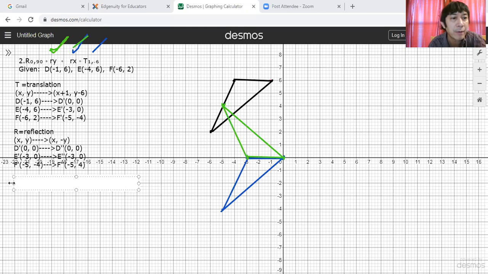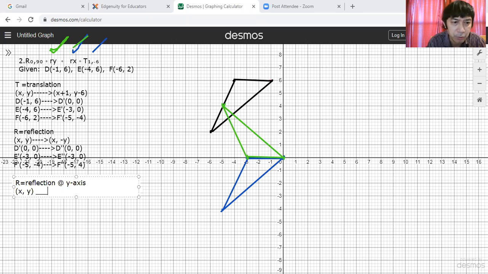We're doing now reflection. This will be about the y-axis. We shall have the rule first.